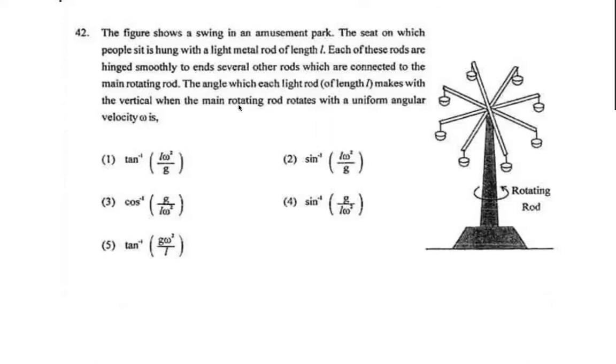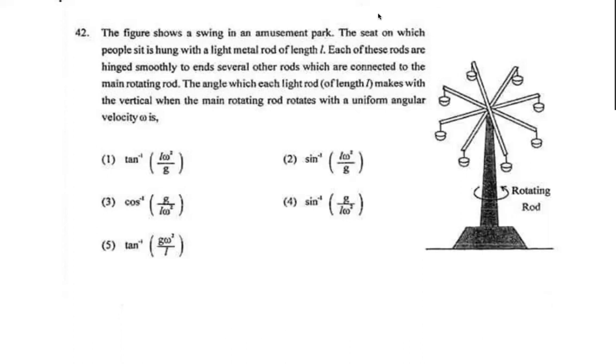And the angle which each light rod of length L makes with vertical when the main rotating rod rotates with a uniform angular velocity omega. Do you get the picture here, people? Angle which each light rod makes with the vertical.